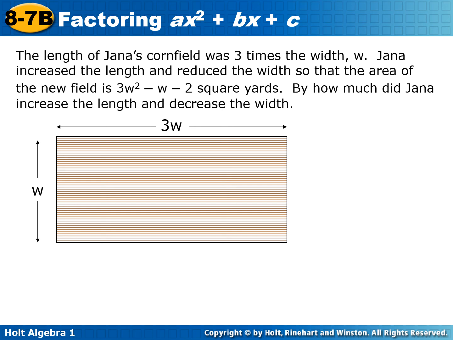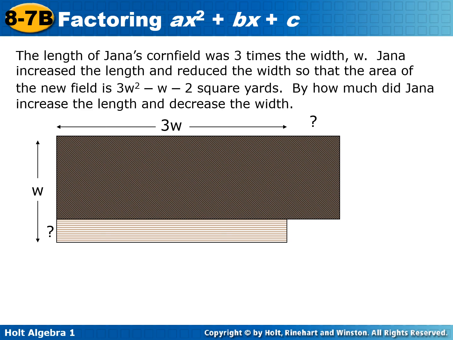All right, last one. The length of Jana's cornfield was 3 times the width. Jana increased the length and reduced the width so that the area of the new field was 3w squared minus w minus 2 square yards. By how much did Jana increase the length and decrease the width?